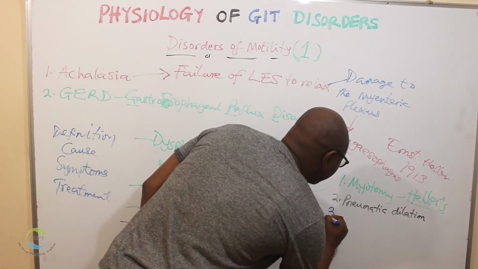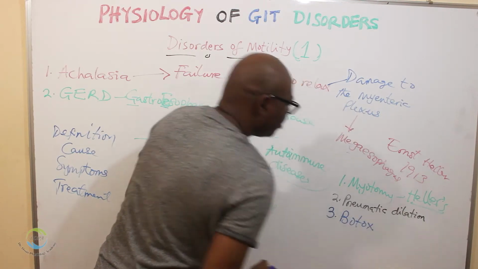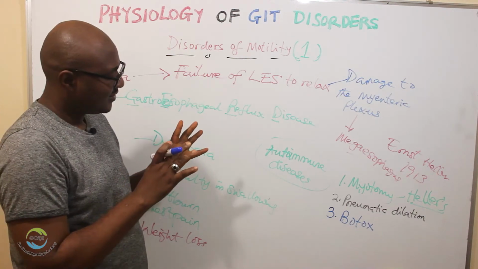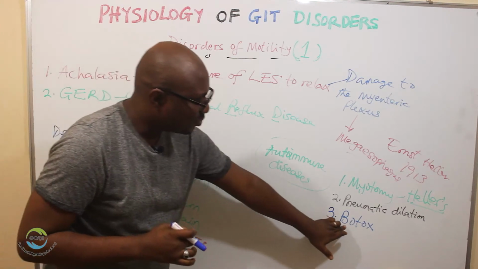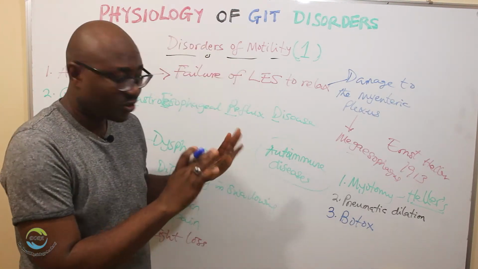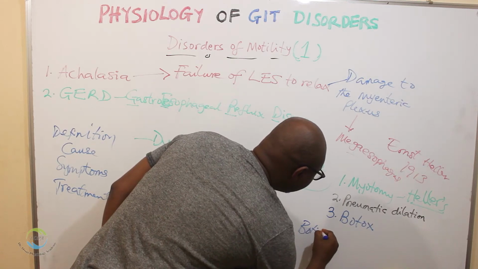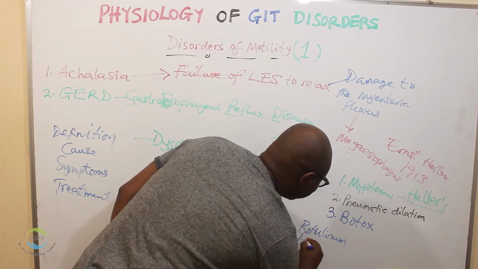Then number three, that's what we call Botox. Botox is a chemical substance. Botulinum toxin is the short form, meaning botulinum toxin.